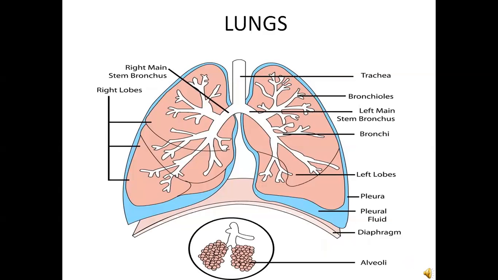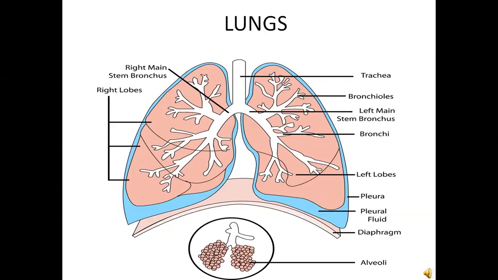Lungs. Lungs are the main respiratory organ. They are located within the chest cavity. The trachea, commonly called windpipe, is a tube supported by cartilage rings that connects the pharynx and larynx to the lungs, allowing the passage of air.